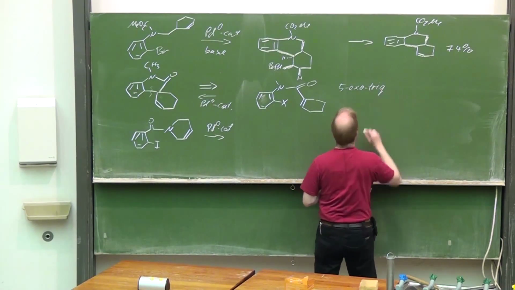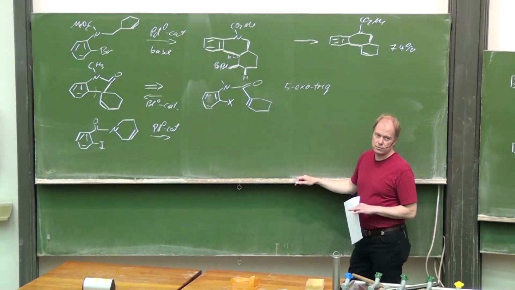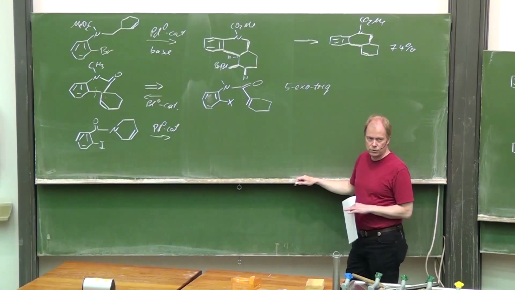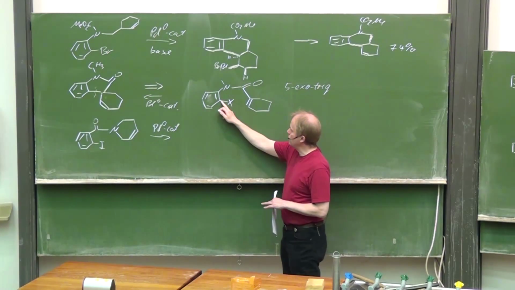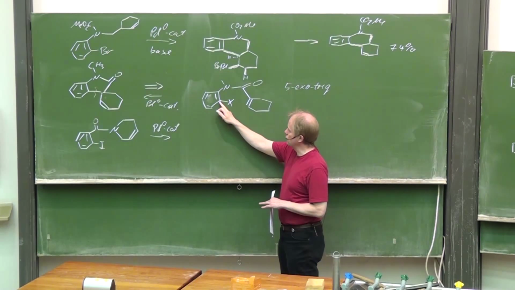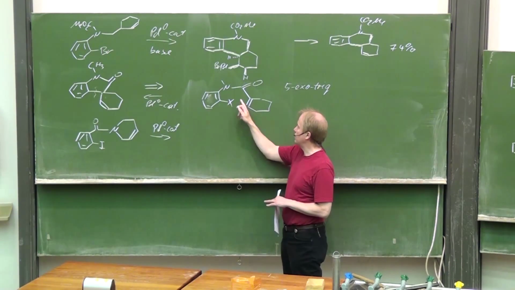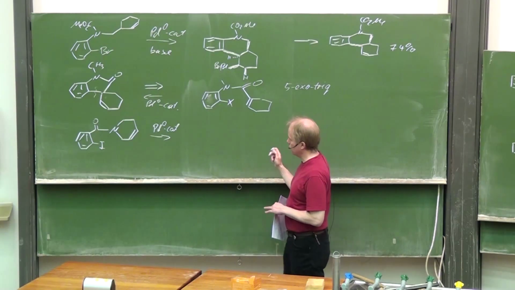And indeed, those are normally preferred to 6-endo-trig. One could imagine also the CC bond formation from this position to that. However, the other one, the 5-exo-trig, is preferred.